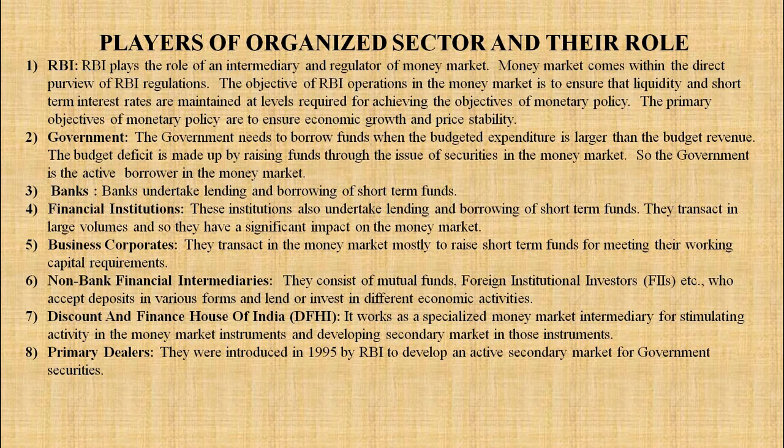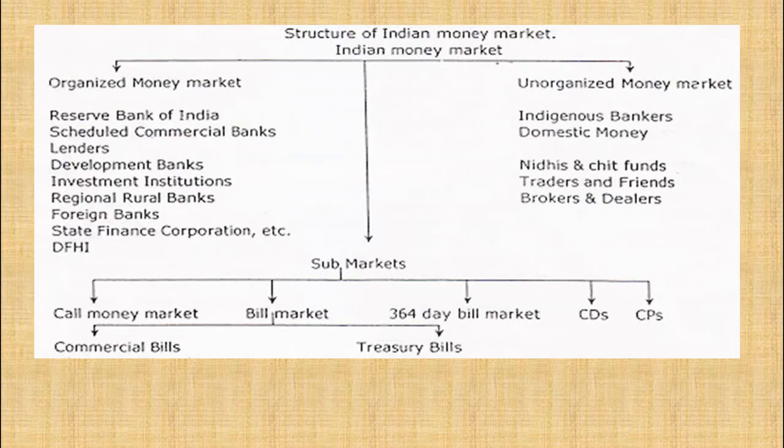Okay, now one thing is there that when we are talking about the players in the Indian money market, these are all the organized sector. So in the previous slide I told about the organized sector.